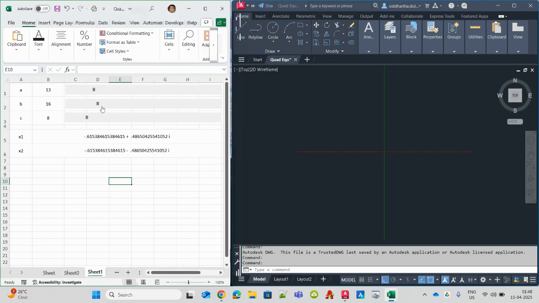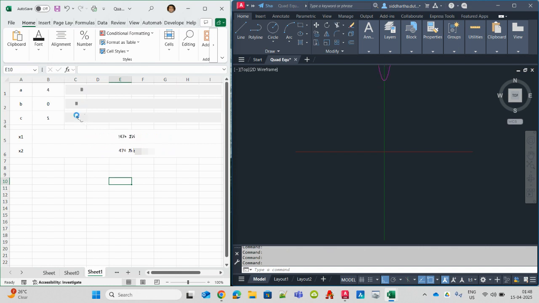Now if we change the values here, we can see it draws the graph in AutoCAD. Still we see complex numbers because this graph does not cut the x-axis.